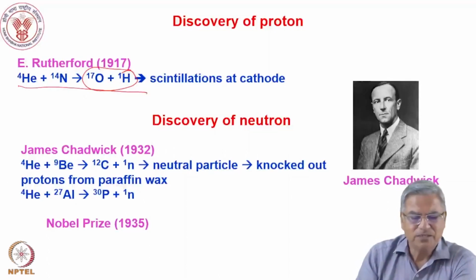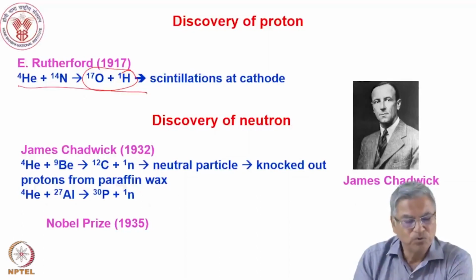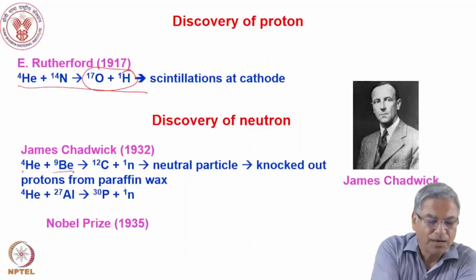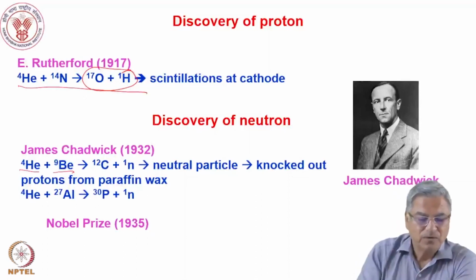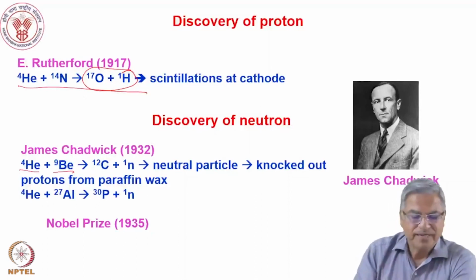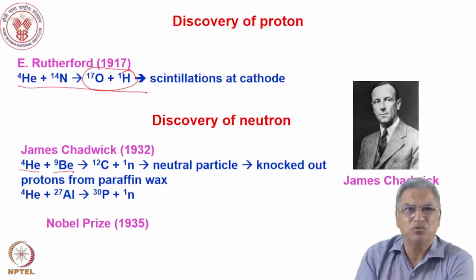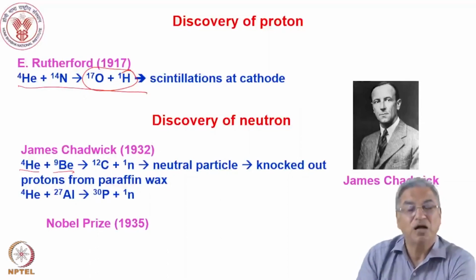Subsequently, in 1932, James Chadwick, again a student of Rutherford, discovered the neutron, wherein he bombarded beryllium-9 with alpha particles from again an alpha source such as polonium or radium, and there was an observation of some neutral particles or radiation. There was some confusion about this. In fact, Irene Curie and Frederic Joliot also observed what they called gamma ray photons.